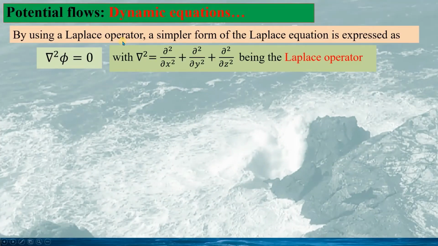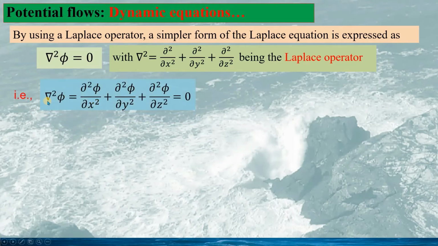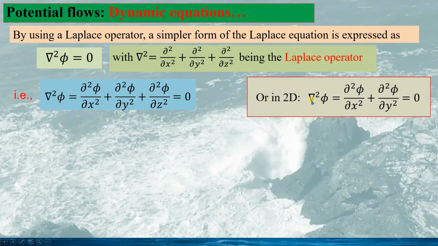If we use the Laplace operator, the Laplace equation can be more simply expressed as this. Here, the Laplace operator is given as this, that is, the Laplace equation as this. In the 2D case, the Laplace equation would be given as this.